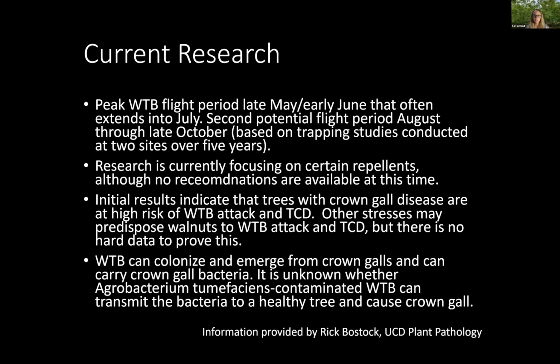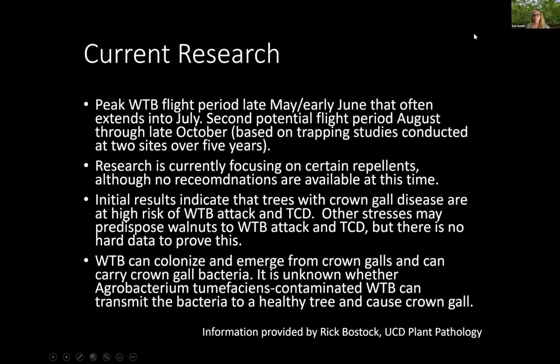Research is currently focusing on certain repellents, although no recommendations are available at this time. Initial results indicate that trees with crown gall disease may be at high risk of walnut twig beetle attack and thousand cankers disease. Other stresses may predispose walnuts to walnut twig beetle attack and thousand cankers disease, but there is no hard data to prove this.